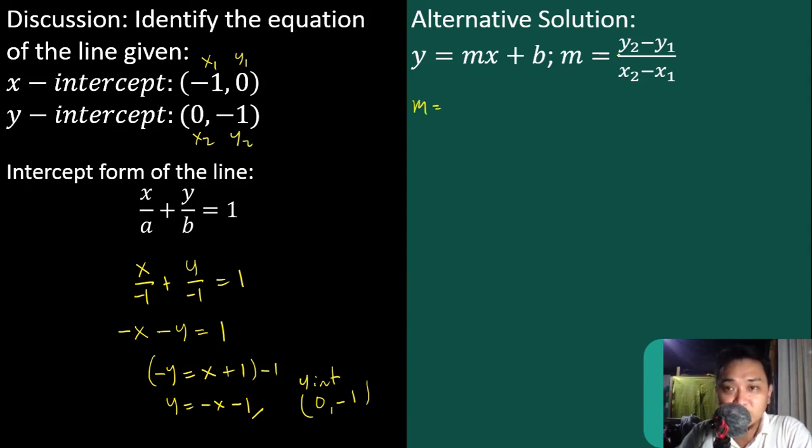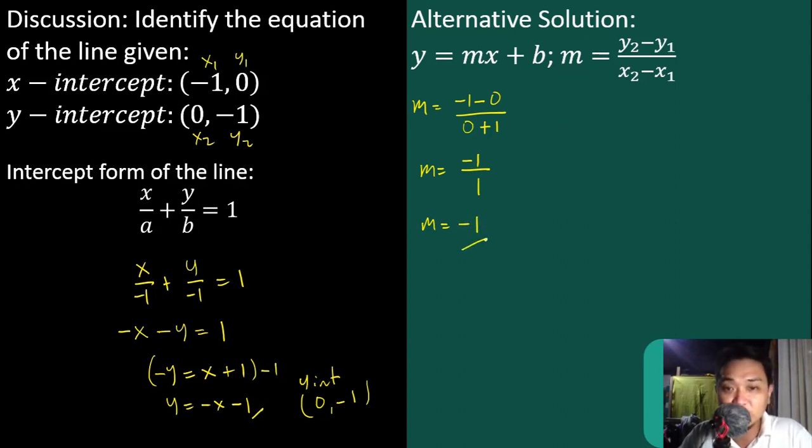The slope is y sub 2, which is negative 1, minus y sub 1, which is 0, over x sub 2, which is 0, minus x sub 1, which is negative 1. Subtracting negative 1 gives plus 1. So our slope is negative 1 minus 0, which is negative 1, over 0 plus 1, which is 1. Or our slope is negative 1 divided by 1, which is negative 1.